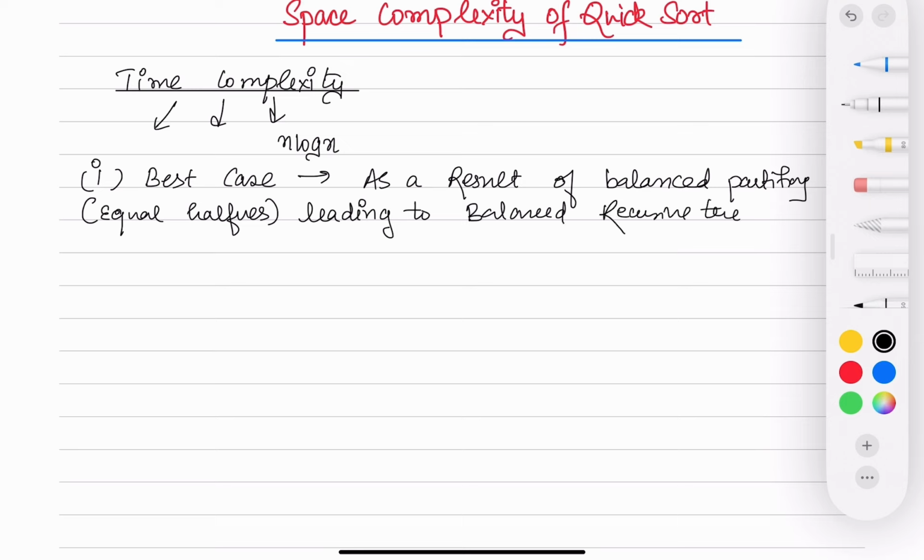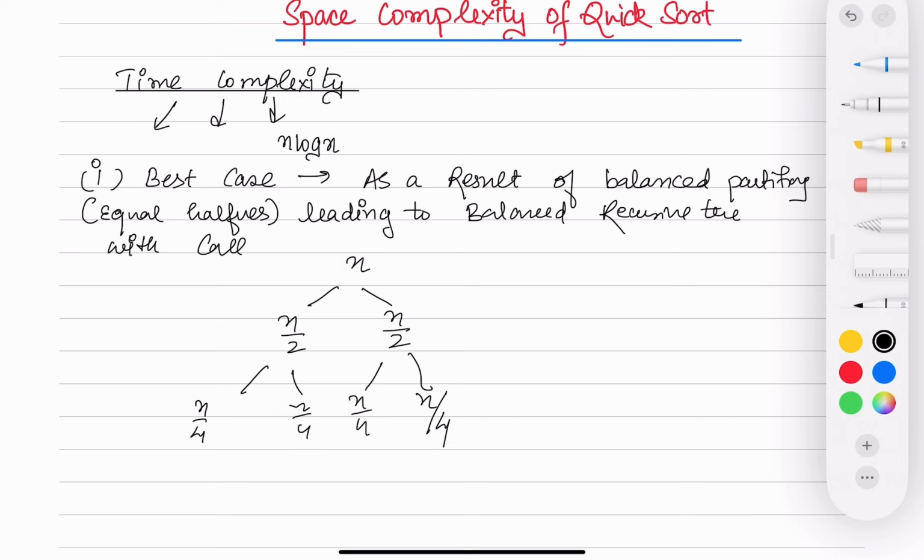If I have n elements, I will get n by 2, n by 2, then n by 4, n by 4, n by 4, n by 4, like this. So a recursive tree with a call stack of size O of log n.